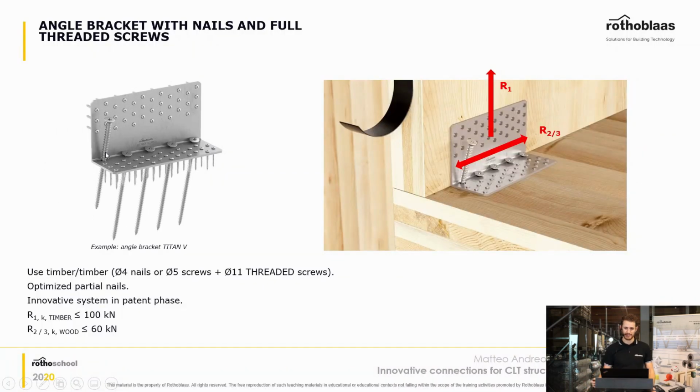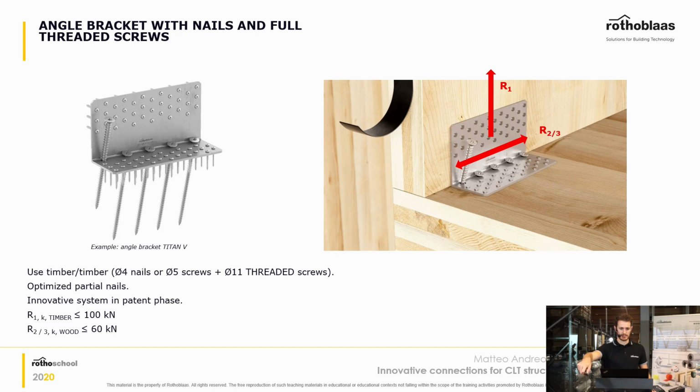That's very good because it decreases a lot the eccentricity that you have on the connection. By reducing the eccentricity, you create less bending moment, and less bending moment means that the connection works better, and you have more resistance.